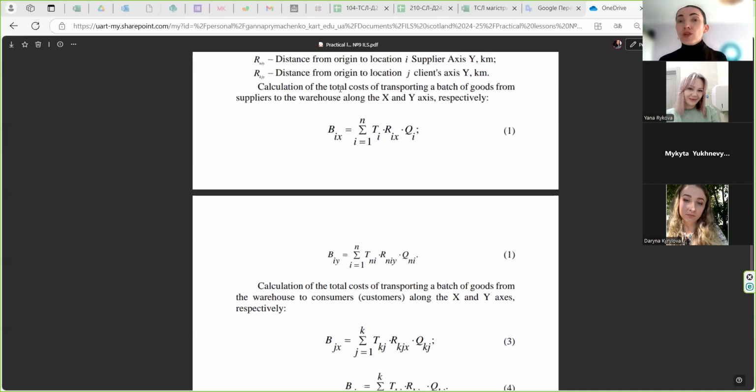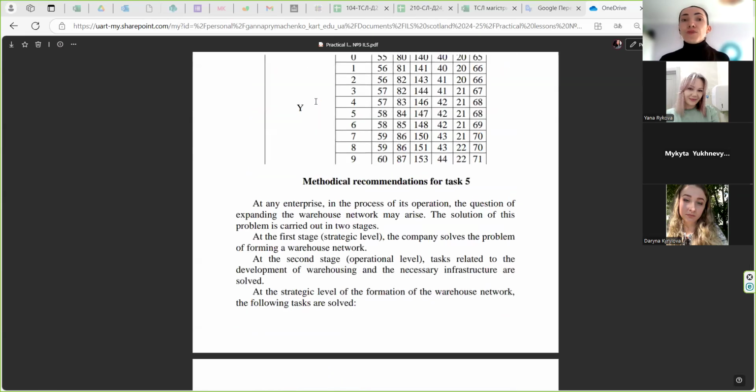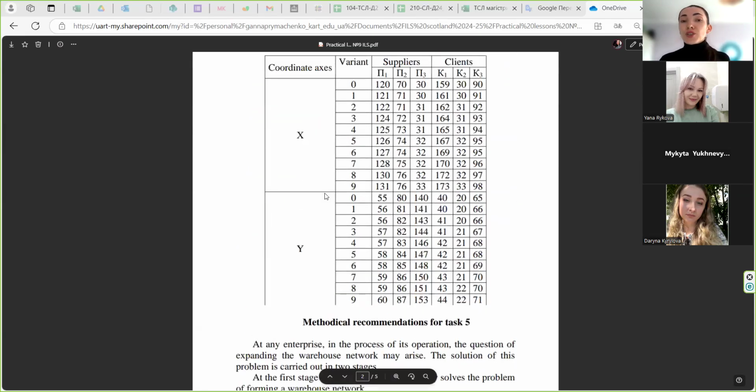Now I show you distance for our coordinate axis y. So for first supplier, we use for y, it is 55, it is 56, and other.